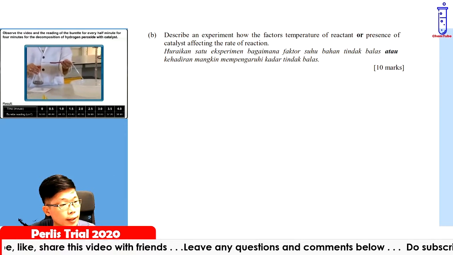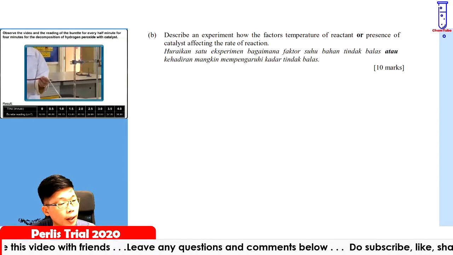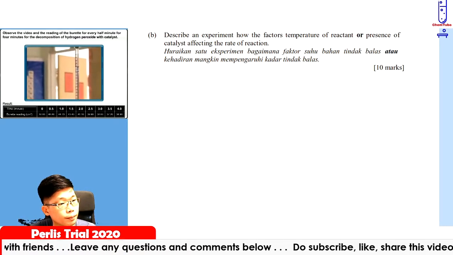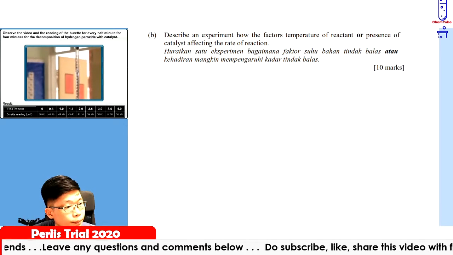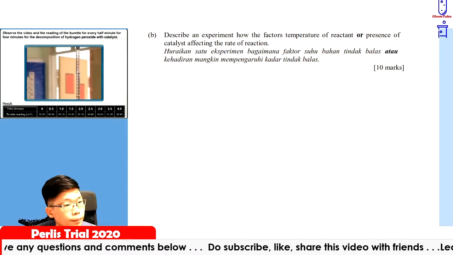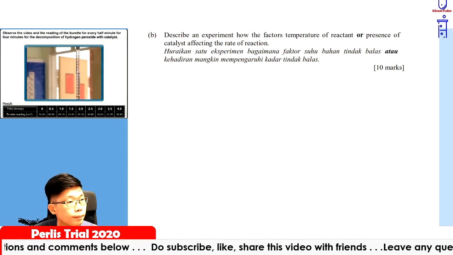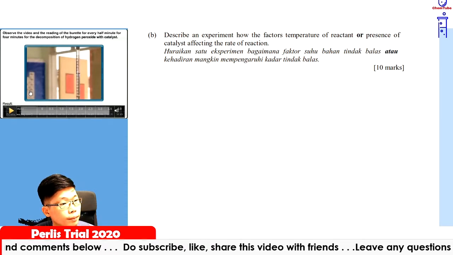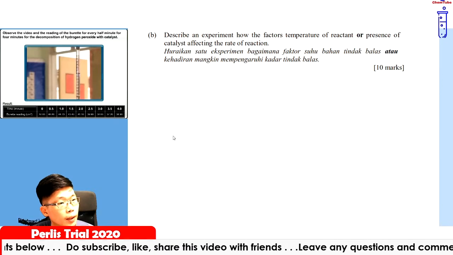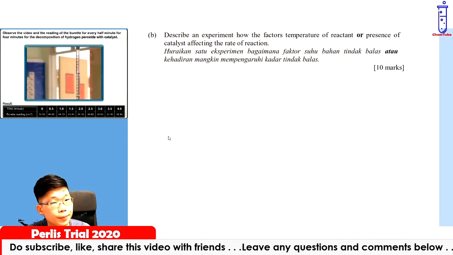So at every 30 seconds time interval, we record the volume of the gas collected. Then after that we repeat without catalyst.